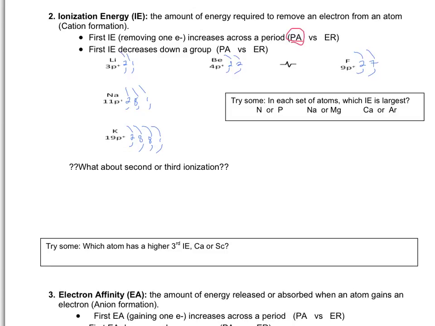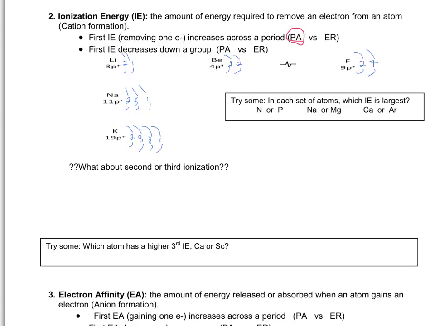So what sets up the difference in effective nuclear charge is how many protons are pulling on that valence shell. Because beryllium has one extra proton holding the valence electrons on, it will be harder to pull an electron off. Therefore, beryllium has a higher ionization energy than lithium does.